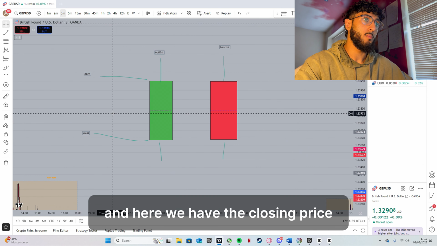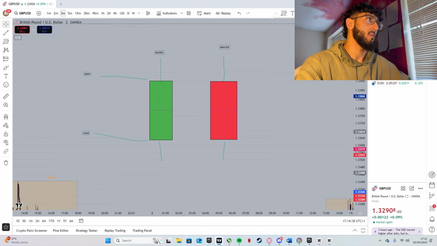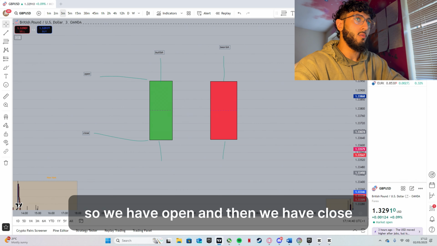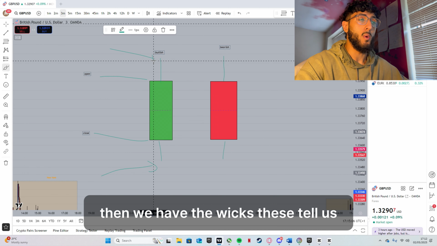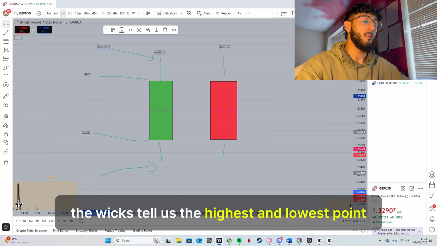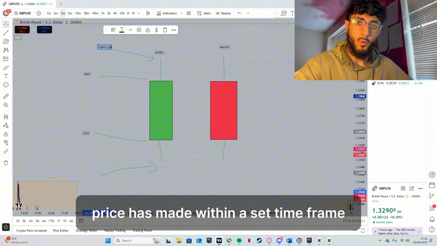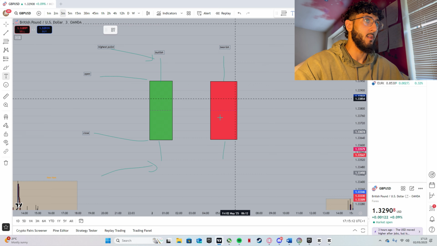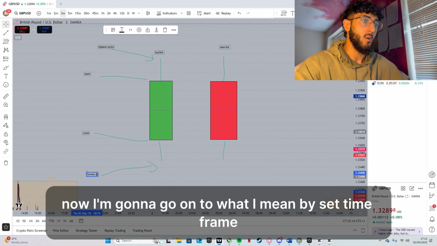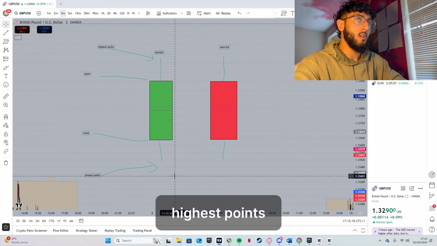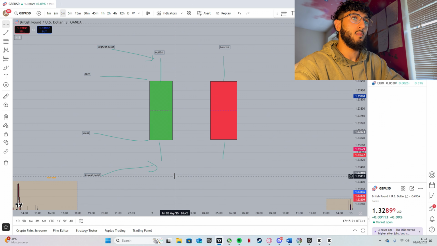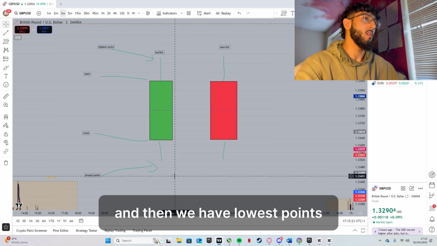So here we have the open and here we have the close. Then we have the wicks. The wicks tell us the highest and lowest point price is made within a set time frame. Now I'm going to go on to what I mean by set time frame. Highest point, and then we have lowest point.